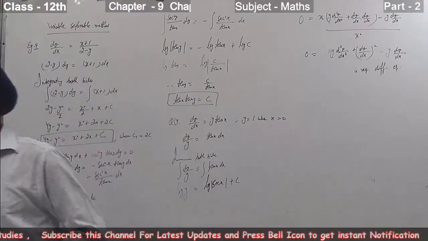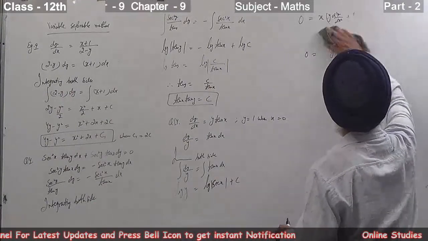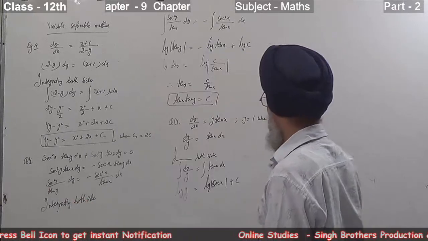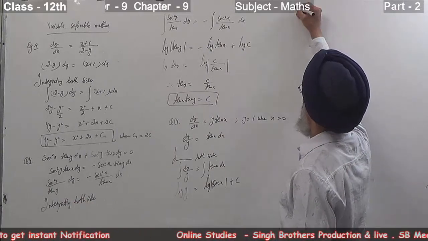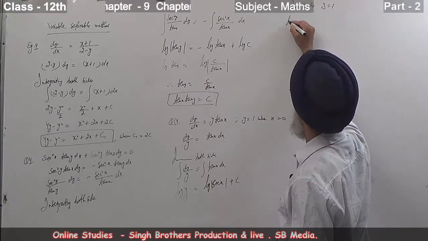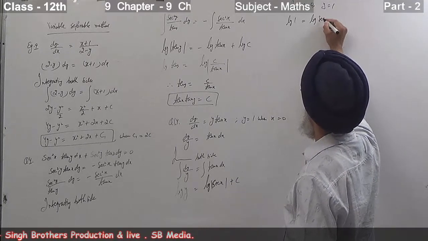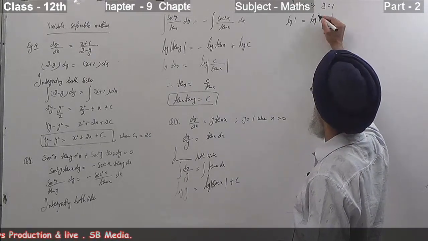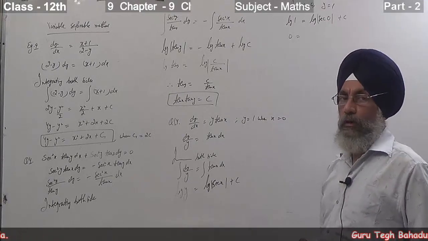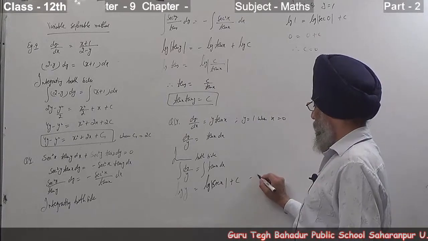Then put x as 0, y as 1: log 1 equals log sec 0 plus c. Log 1 is 0. Now, sec 0 is 1, again log 1 is 0, therefore, c is 0.